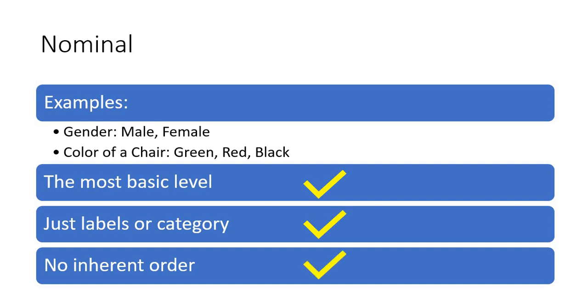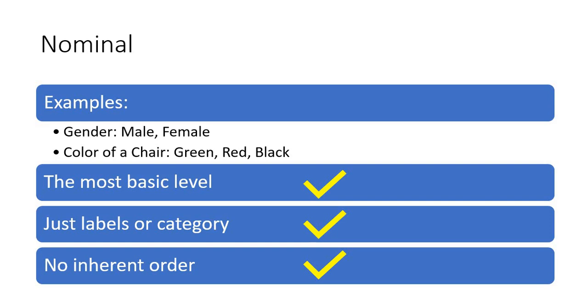For example, gender is reported as male and female. These are just labels. There is no order. You cannot say that male or female is bigger or better than the other.